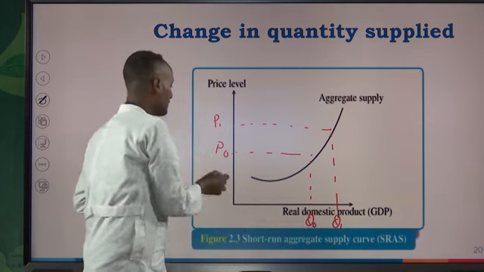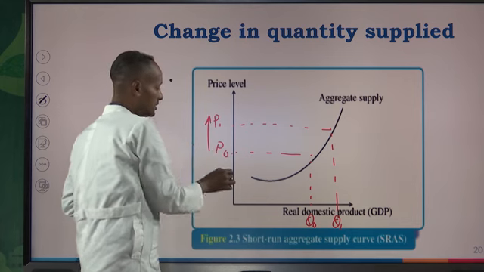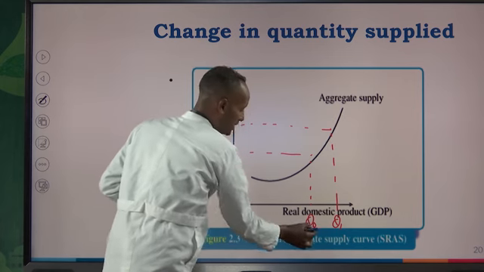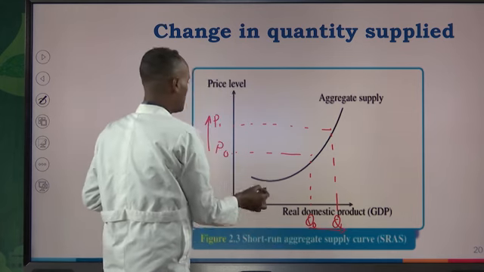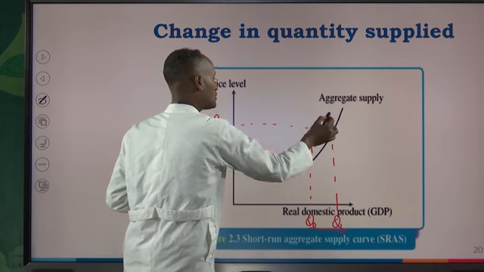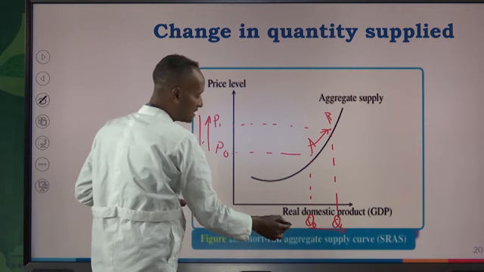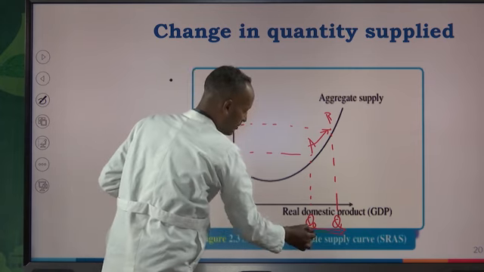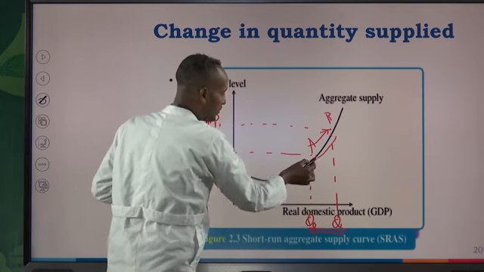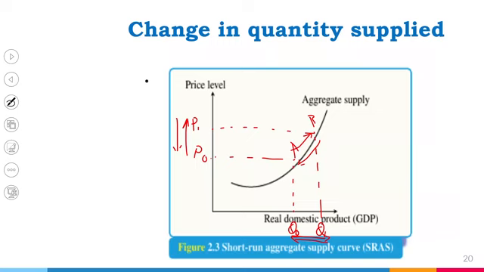Here, as the price increases from P0 to P1, the real GDP quantity supplied will increase from Q0 to Q1, and it's a movement from point A to point B. And when the price falls from P1 to P0, the real GDP quantity supplied will decline from Q1 to Q0. It's a movement from point B to A. So with the change in the general price level, there is a movement from one point to another on a fixed aggregate supply curve.